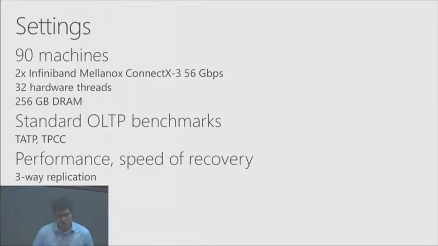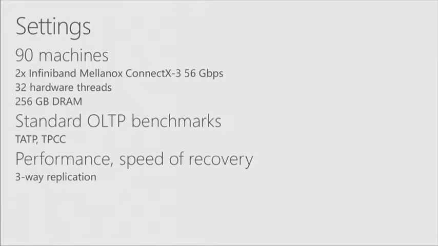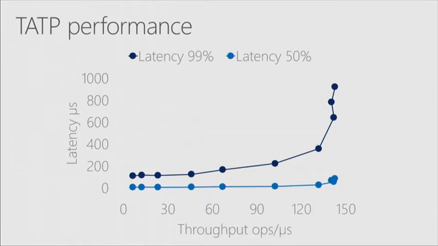To evaluate the system, we use a cluster with 90 machines. Each machine has 2 56-gigabit NICs, 32 hardware threads, and 256 gigabytes of DRAM. We used standard OLTP benchmarks, TATP and TPCC, and in the evaluation, we wanted to see what the performance of the system is and how fast we can recover from failures.